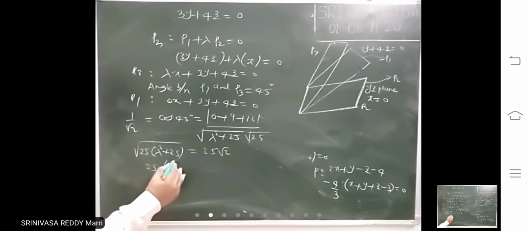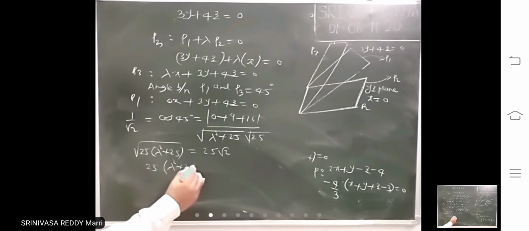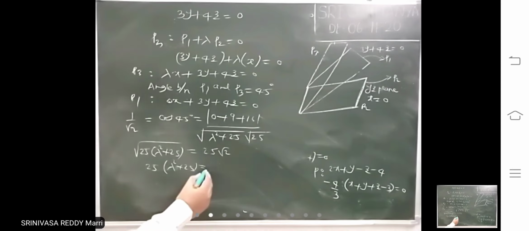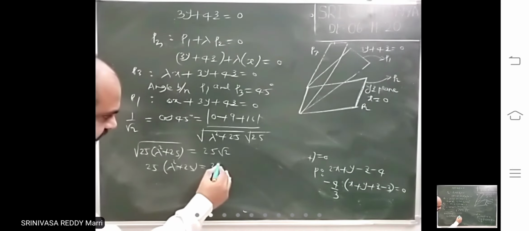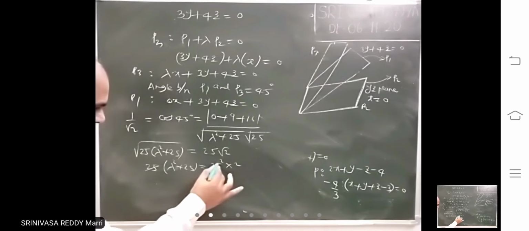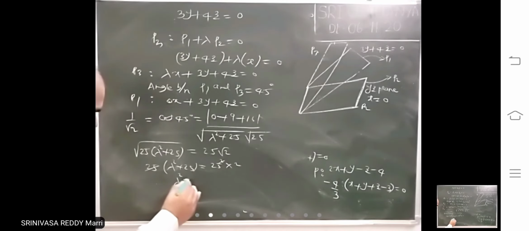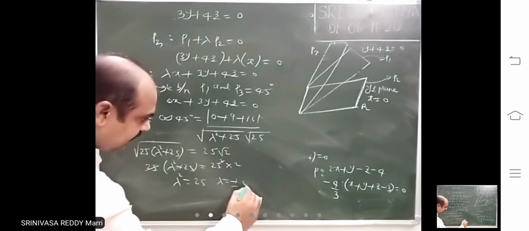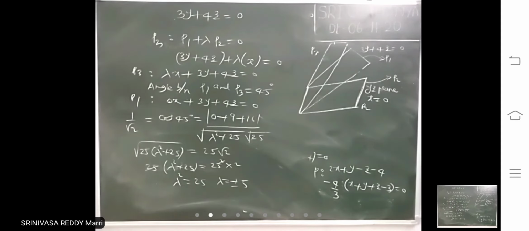Squaring on both sides, 25 square into 2. So 25 cancels. Lambda square equals 50 minus 25. Lambda square equals 25, lambda equals plus or minus 5.